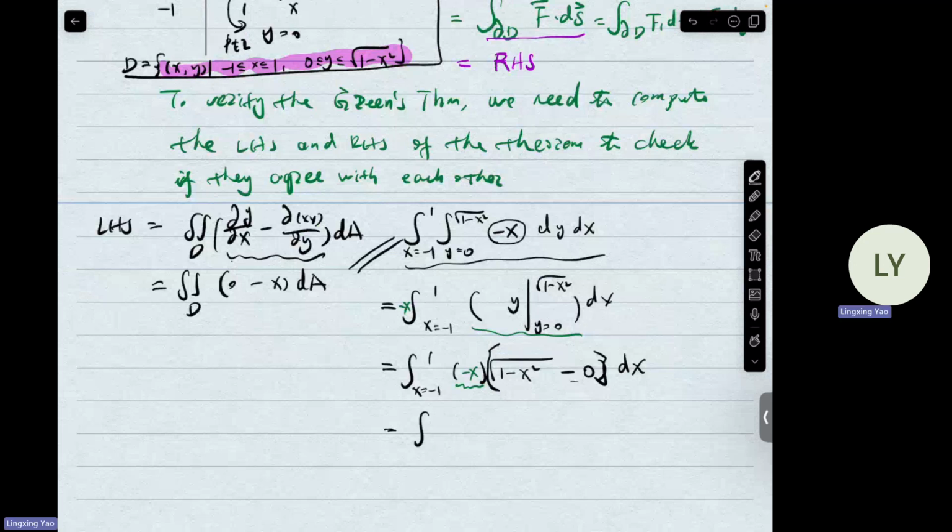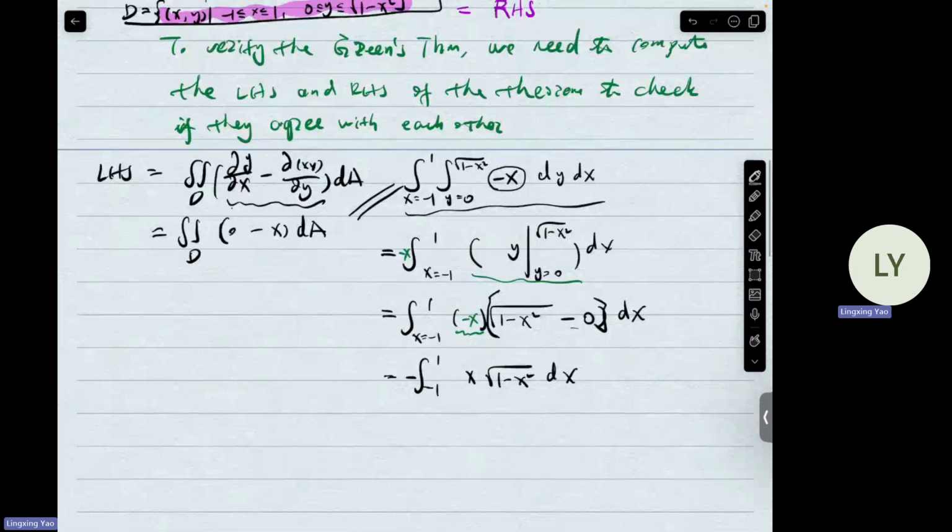So now we have from -1 to 1. We have taken this negative out. It's x times the square root of 1 minus x squared dx. For this, I guess we have to use u substitution, and our u is 1 minus x squared. I guess we don't have to move the negative sign out.